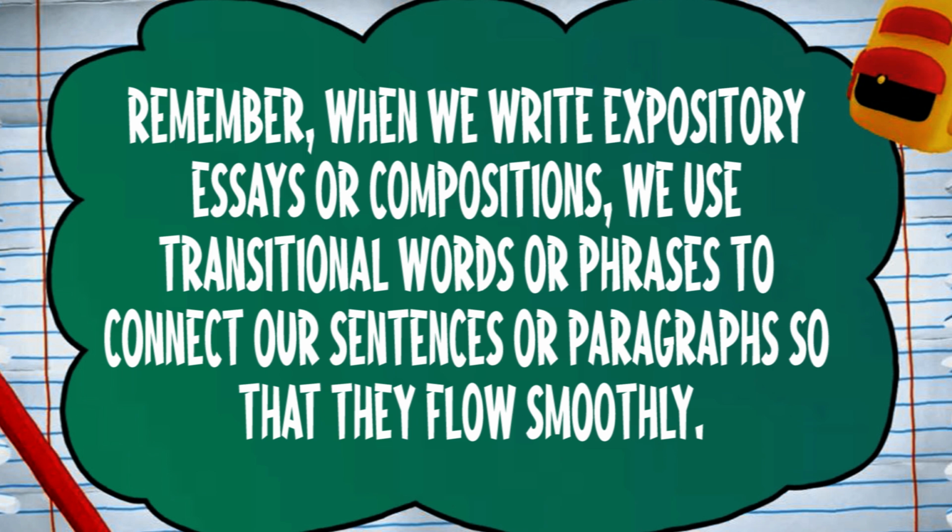Remember, when we write expository essays or compositions, as we may want to say, we have to use transitional words or phrases to connect the sentences or paragraphs so that they flow smoothly.